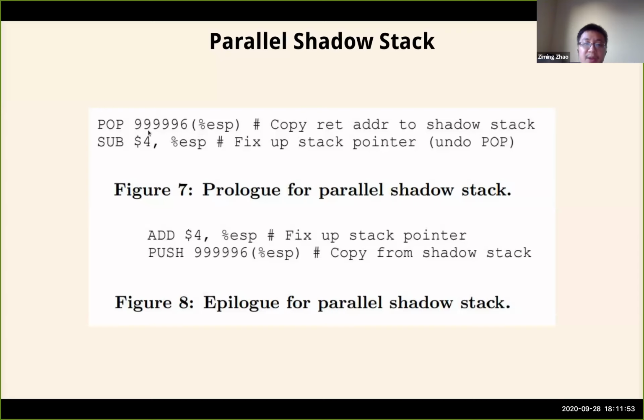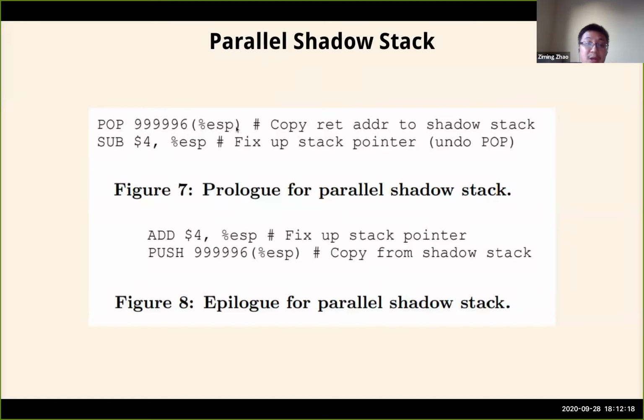We're directly popping something from memory to memory. The source of the popping is not defined here, right? When we do pop, the source of popping is always what ESP points to, right? So we're popping it to the current ESP's location plus this fixed offset. This is fixed.